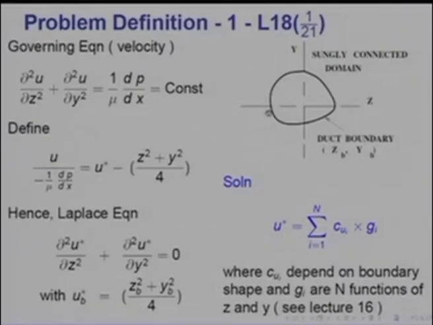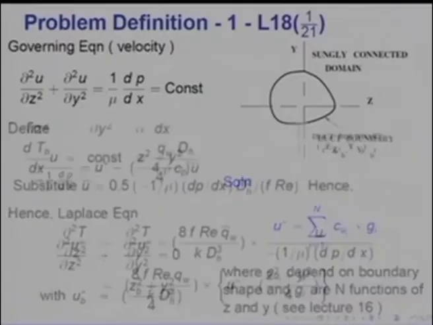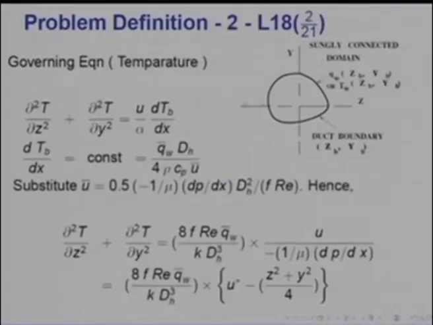We now turn to solving the heat transfer problem. So, let us say again I have shown the duct of arbitrary cross section with duct boundary coordinates z b, y b known, and again it is also a singly connected domain as before, but the q wall or T wall or even heat transfer coefficient along the boundary may vary.